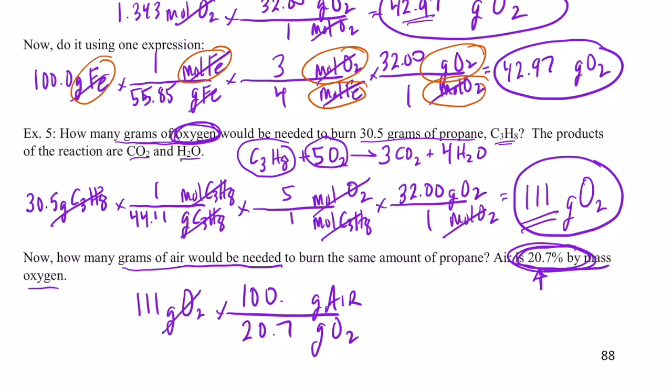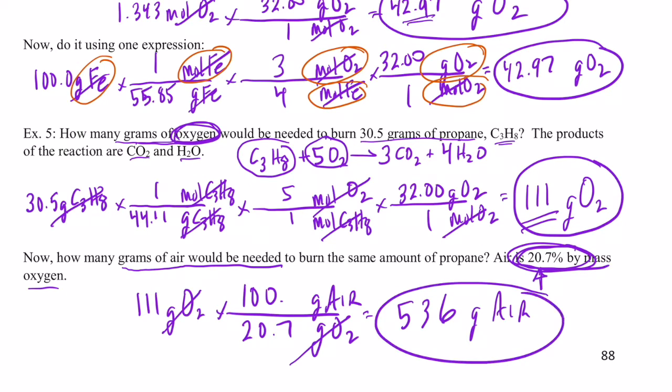So that allows us to get out of grams of oxygen, and now we're in grams of air. Pretty cute trick, isn't it? So let's go ahead and multiply 111 times 100 divided by 20.7, and we would need 536 grams of air to burn that 30.5 grams of propane.